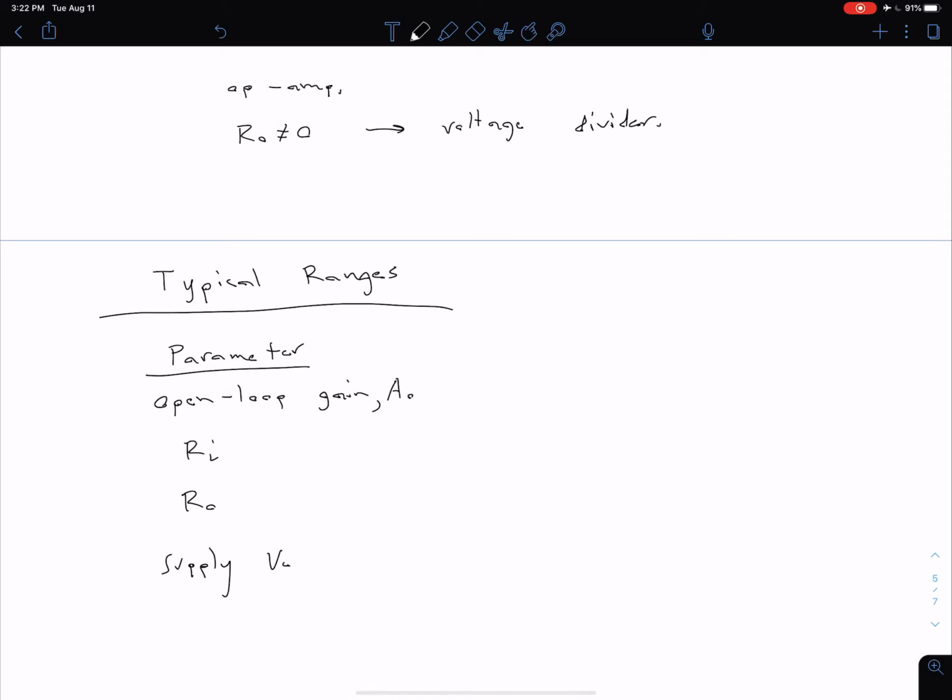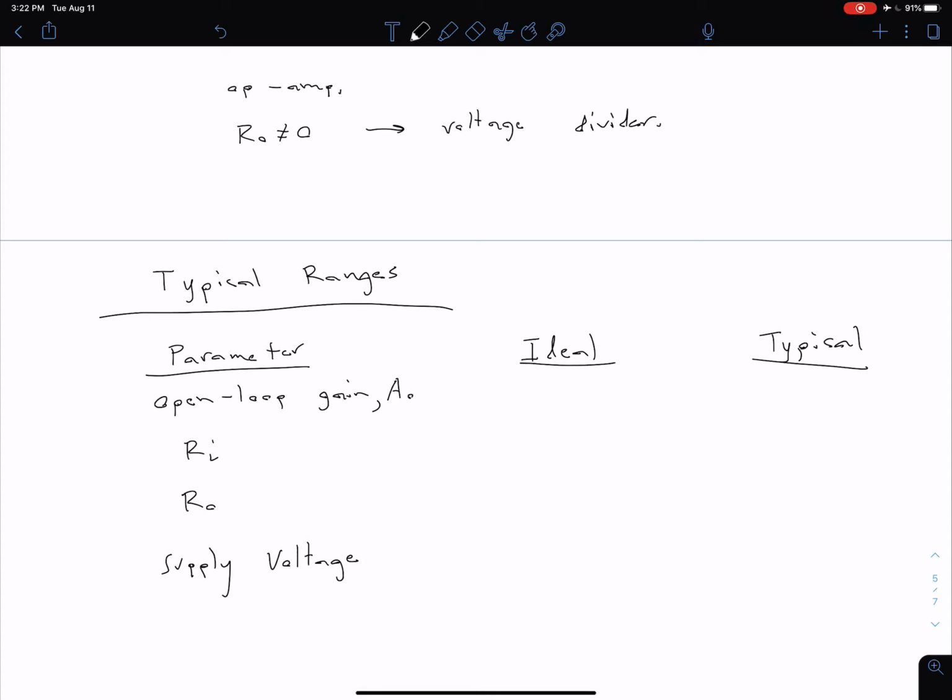Again, keeping in mind that this is going to vary as we are talking about different op amp integrated circuits. So let's actually switch this around compared to how it is in the notes. Let's first put our column of our ideal values here, what we just talked about, and then we'll compare that to our typical values.